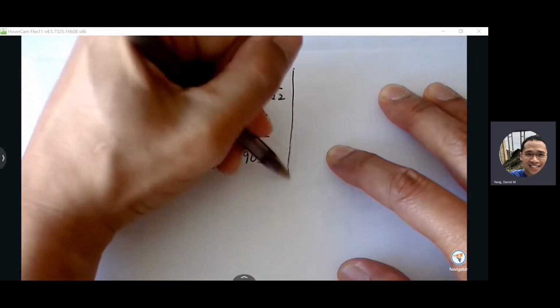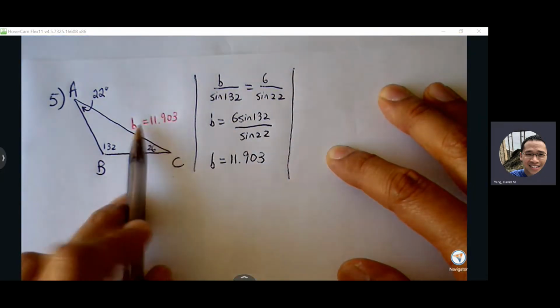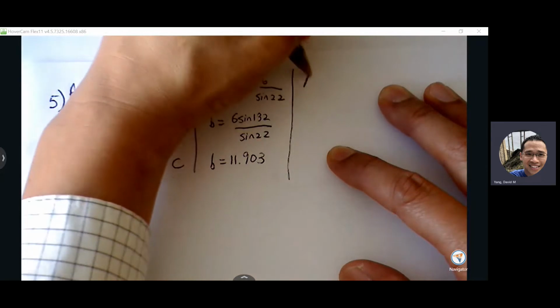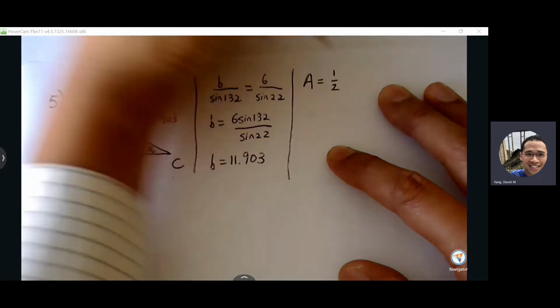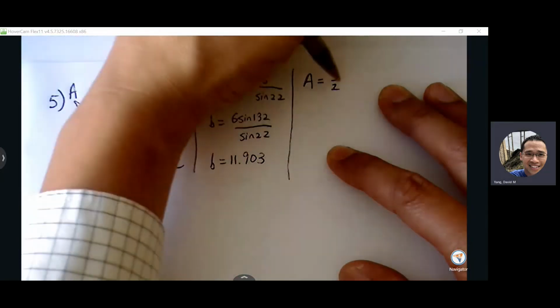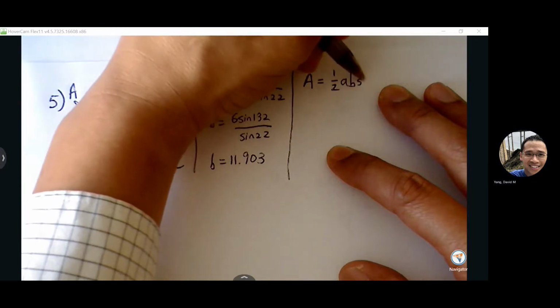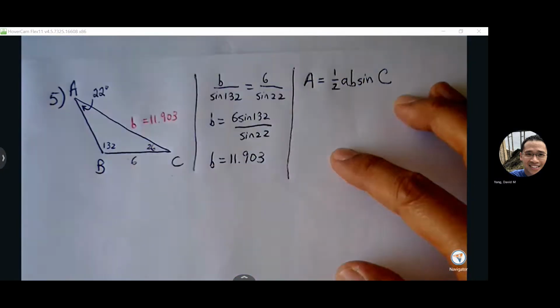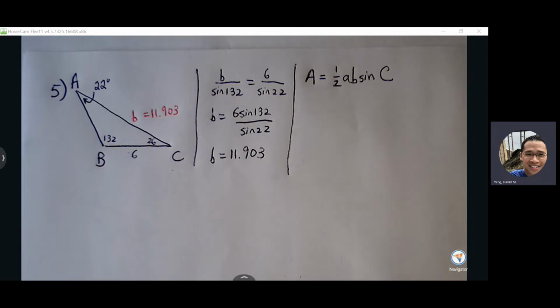So just based off the information that I found here, I'm going to be targeting area being 1/2 AB sine C. But you could find side C and go through a whole different set of formulas, and that will work too.